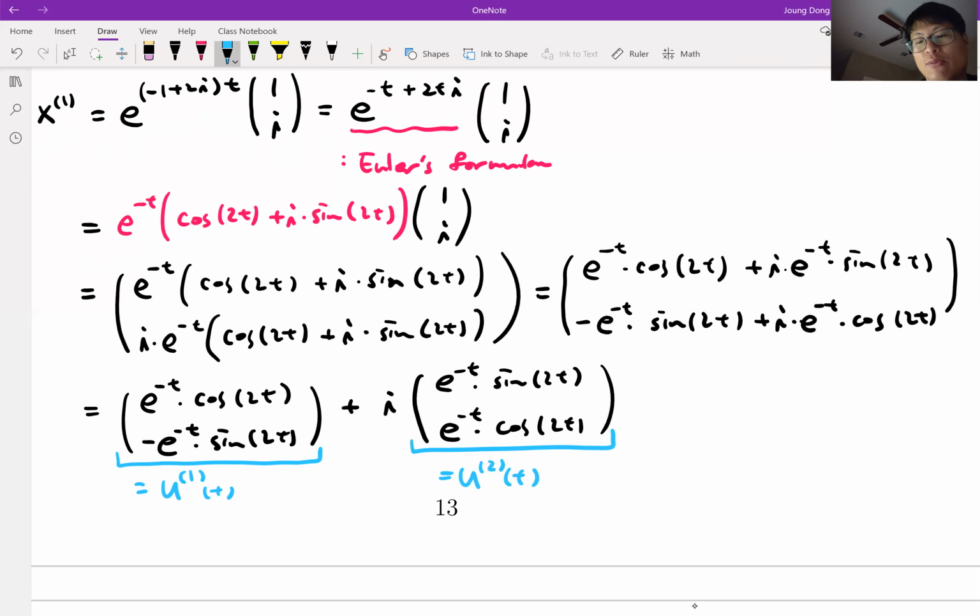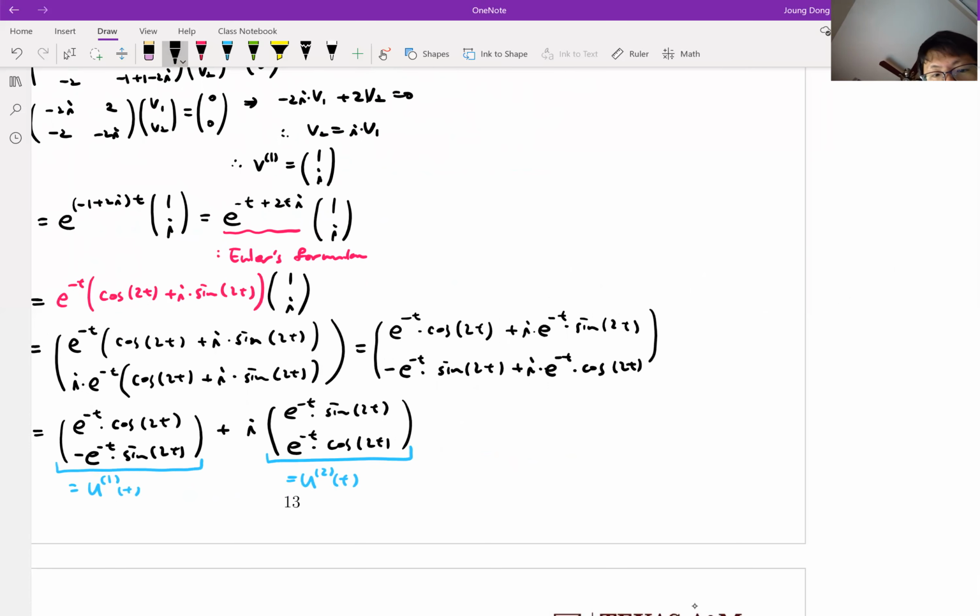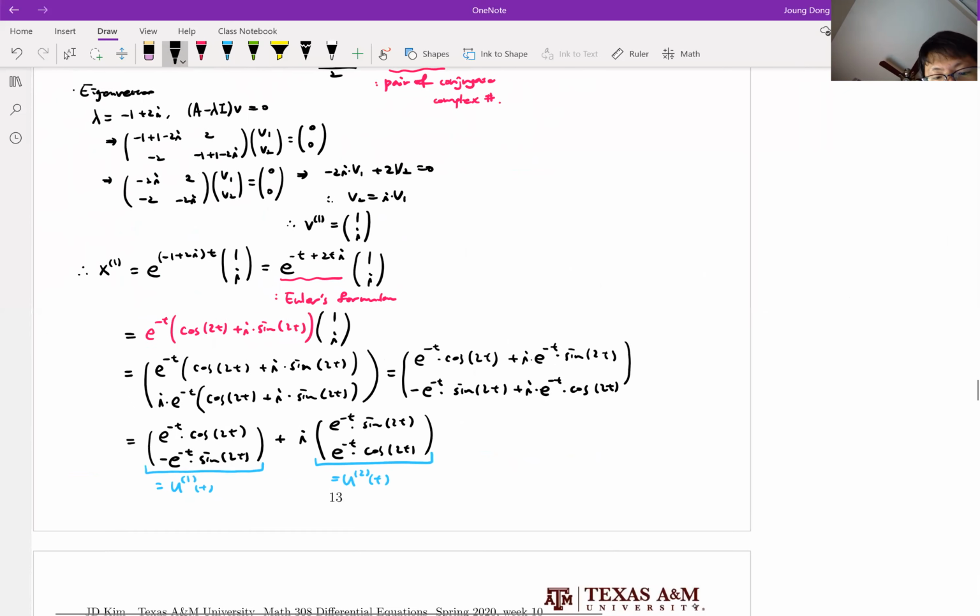Here we go, so the Wronskian. We need more space.